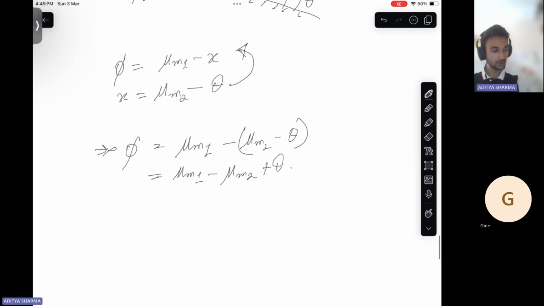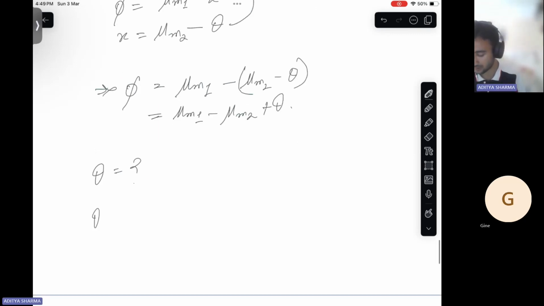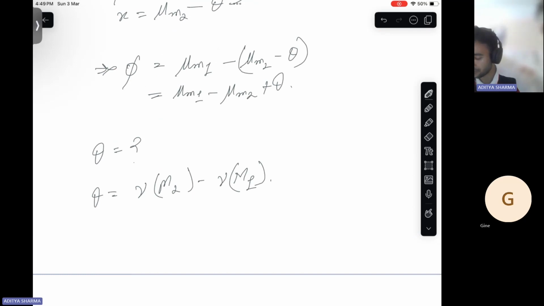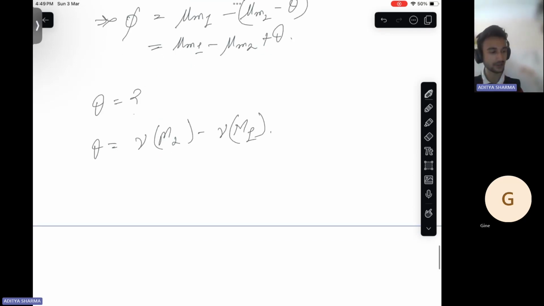But we know theta, right? The question is, do we know theta here? We don't know theta. But what is theta? Theta is nu m2 minus nu m1. This nu formula is from the Prandtl-Meyer function.